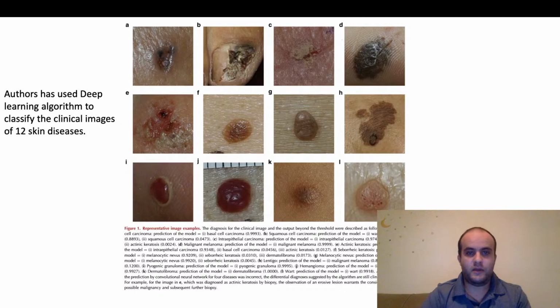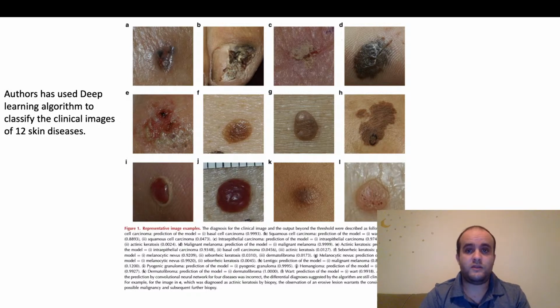Secondly, for example, here we have skin disease. We have like 12 types of skin disease. For each type we have a set of training data, and after that we apply deep learning to classify which type of skin disease it is. This is a very powerful application maybe in the future.